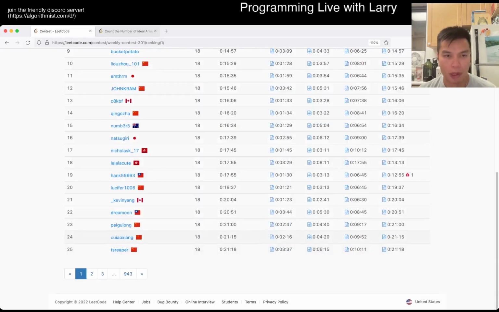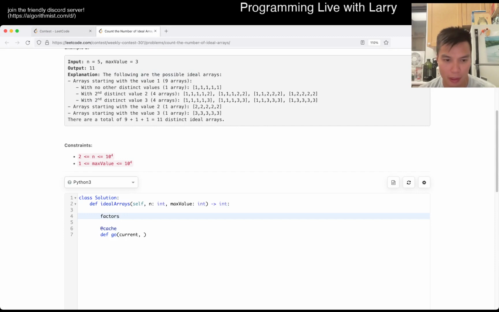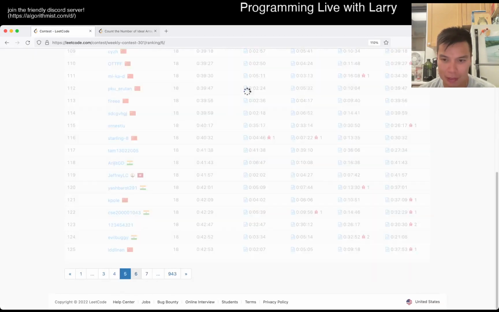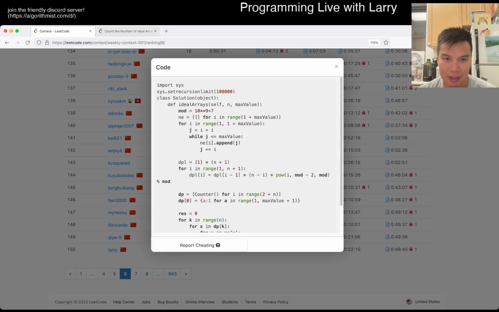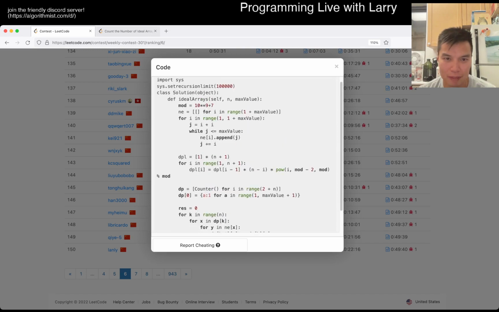This is not an easy problem for sure, but a lot of people got it. Do people just know how to do these things? A Python solution.